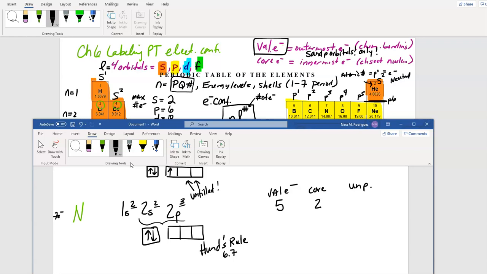Hund's rule, I always like to call this the school bus rule. Let's say you're going to ride a bus, and according to Hund, an electron has to be in a seat first. You have to fill up the bus with 1 electron in each seat first before you can go and double up an electron in a seat.